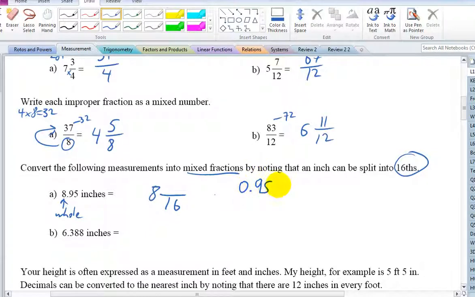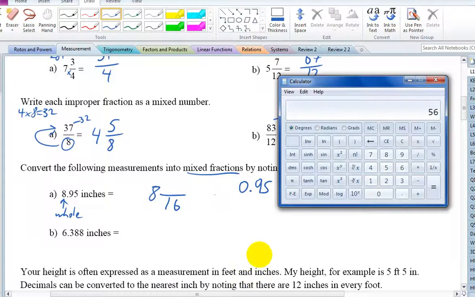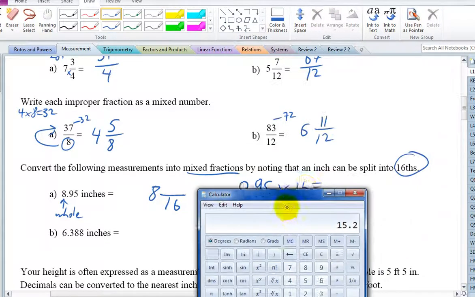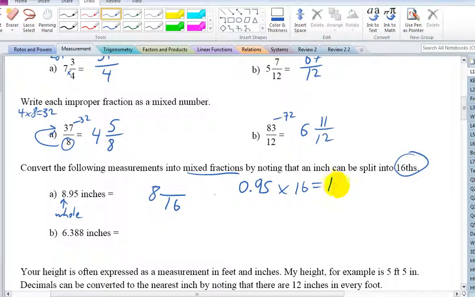So we take our decimal and we multiply that by 16 to figure out how many 16ths that is. So 0.95 times 16 equals 15.2. So this is approximately 15. So we have 8 and 15 over 16. Okay. So you take your decimal, multiply it by the denominator to figure out how many 16ths that is.